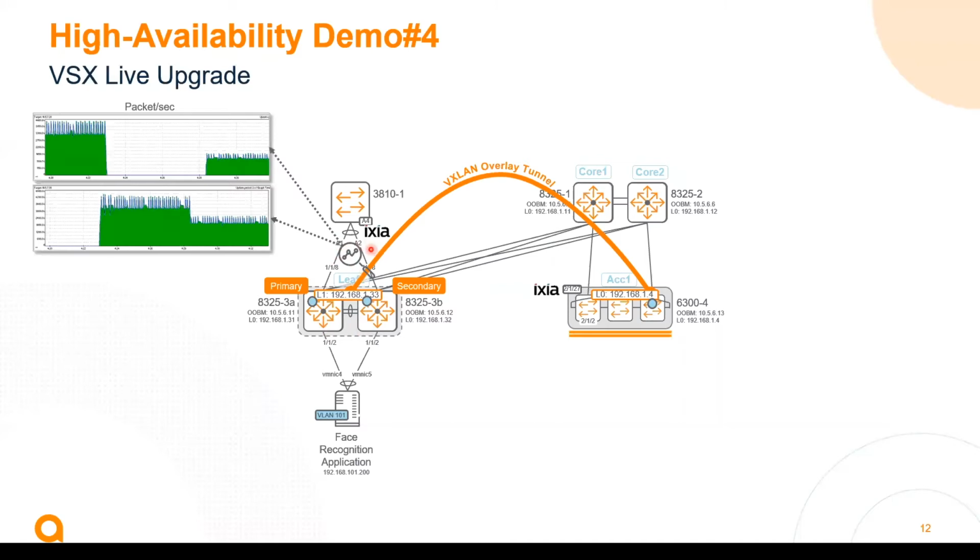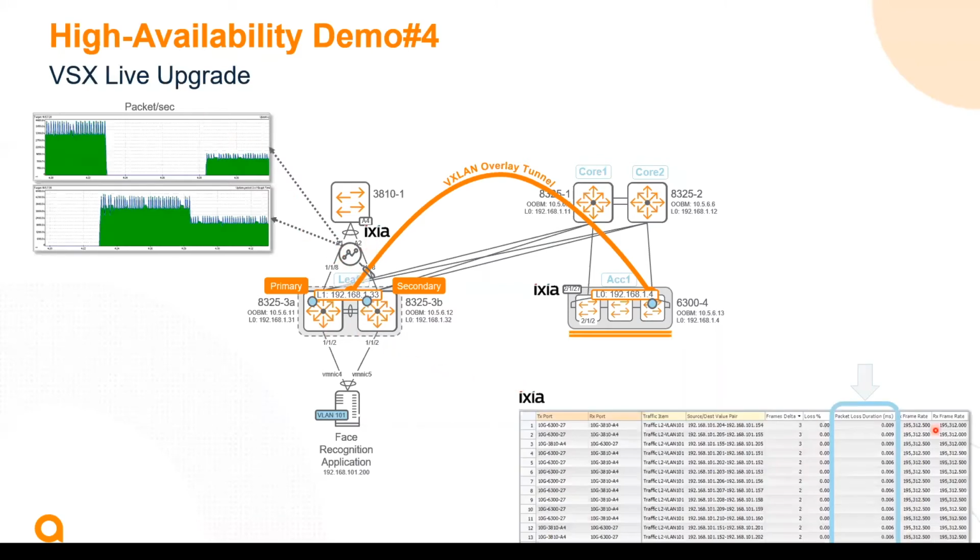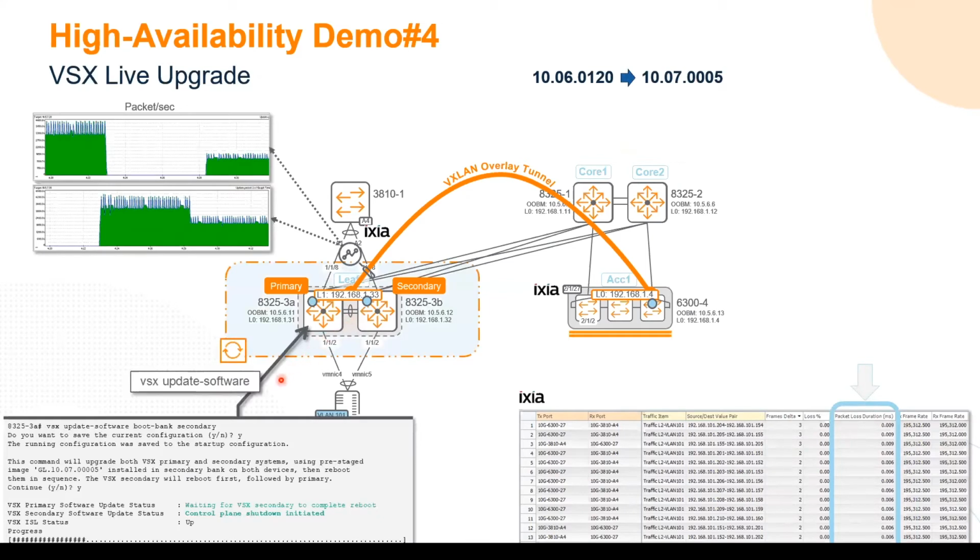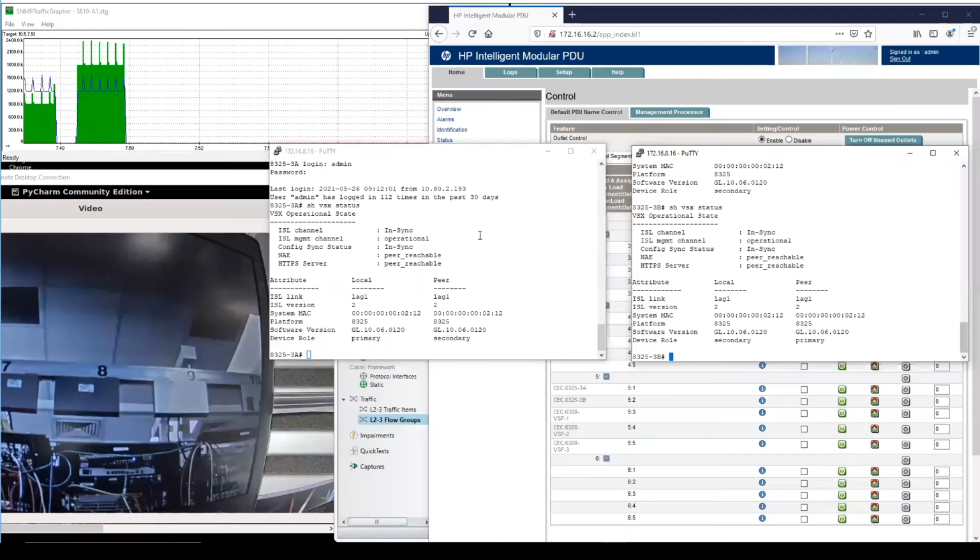We'll monitor those uplinks as we did before. Then we are going to closely monitor the packet loss that we have in Ixia. We are going to move from 10.6 to 10.7, because we want a major upgrade. And we are going to perform that with the VSX update software bootbank secondary that will start from the VSX primary. So let's go into this part.